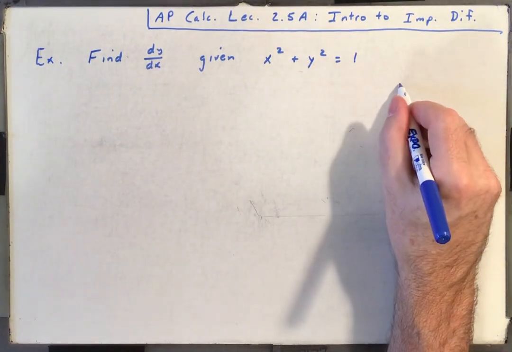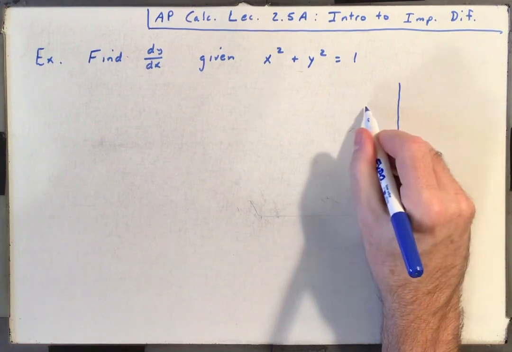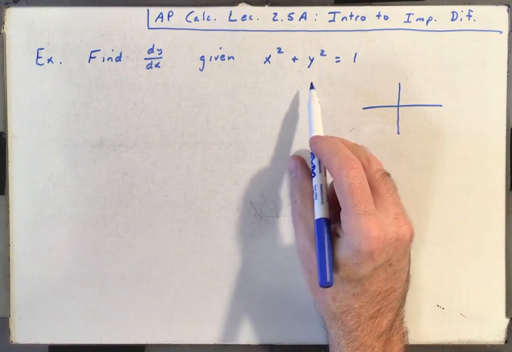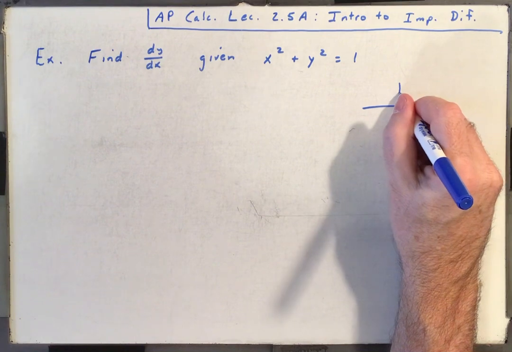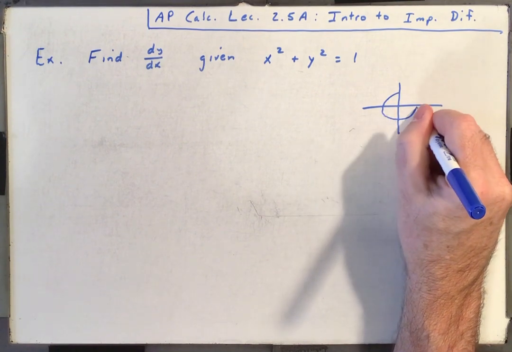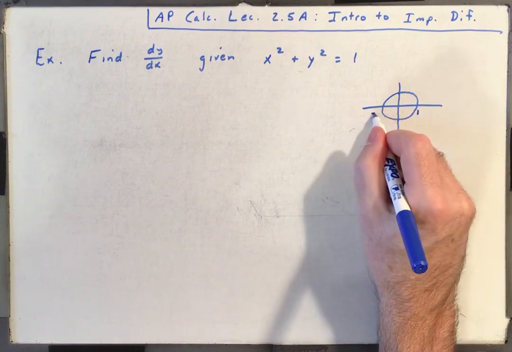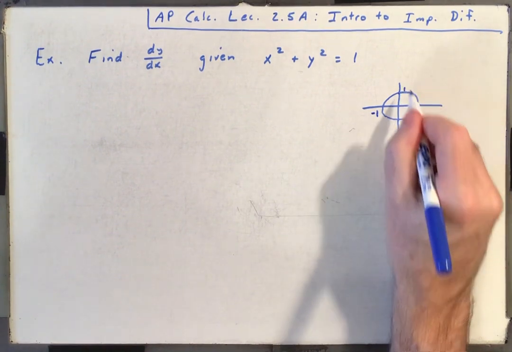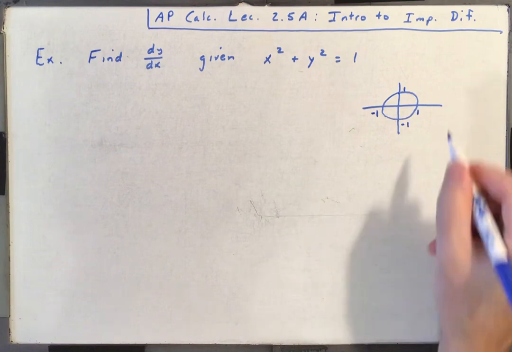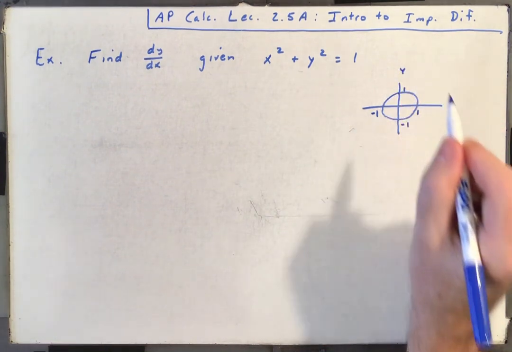You don't have to remember this, but you do need to recognize that this is a relation. In fact, it's a circle of radius 1.